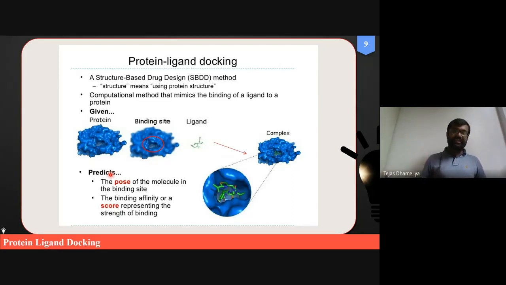How can we predict the binding interactions? How can we predict the binding scores? There are various approaches, such as docking score and docking interactions, which can be used in protein ligand docking, also called molecular docking.